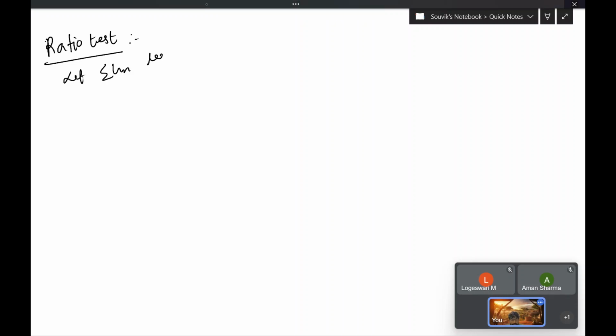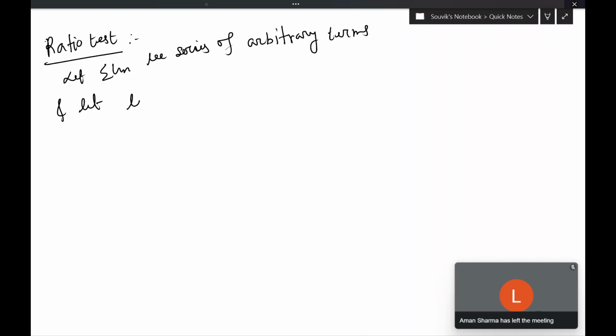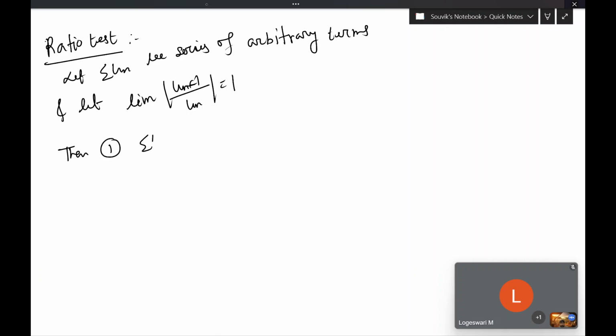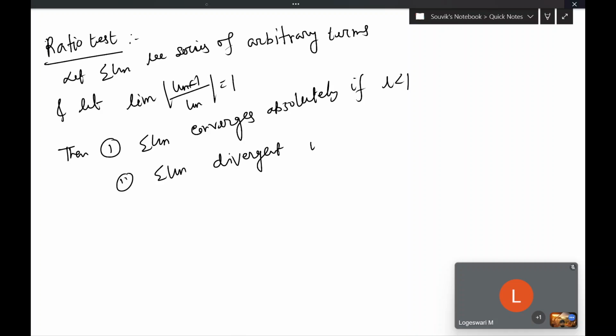Let summation u_n be a series of arbitrary terms, and let the limit of mod u_(n+1) by u_n be equal to L. Then the ratio test tells that summation u_n converges absolutely if L is less than 1, and this series is divergent if L is greater than 1. Sorry, it is not greater than or equal to, it is exactly greater than 1.